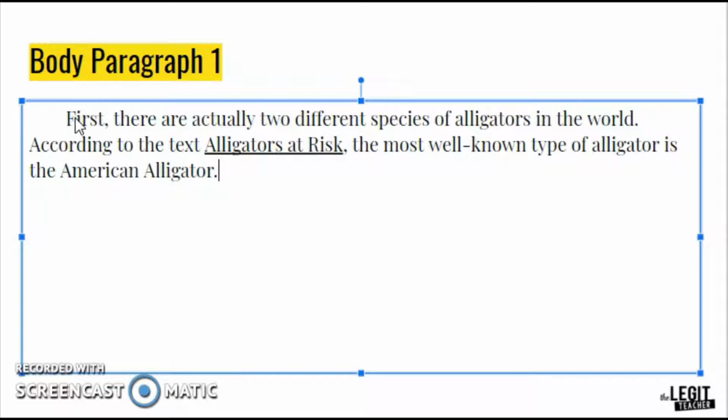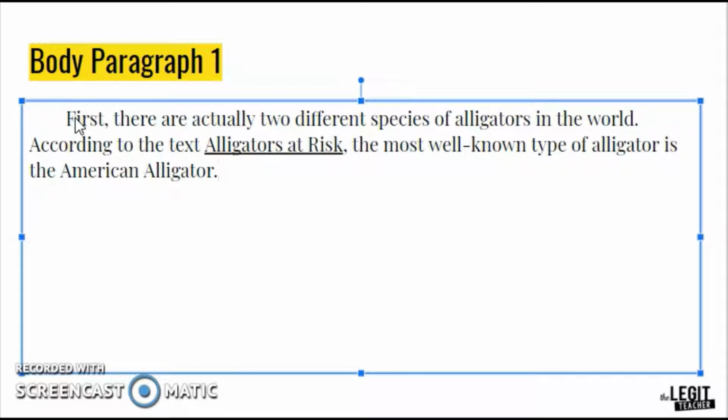All right, so my first sentence says, according to the text, Alligators at Risk, the most well-known type of alligator is the American alligator. Remember, the first sentence about A should always tell your reader what A actually is. So we've told our reader that A is the American alligator. Now we're going to teach our reader 2 things about the American alligator.